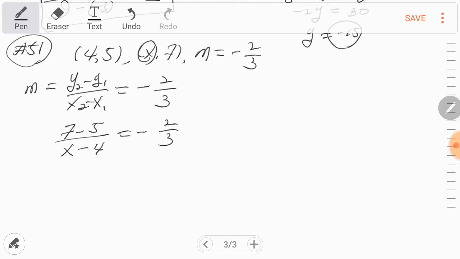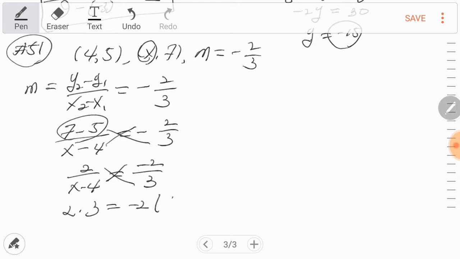Then let's find x. From this equation, we can use cross multiplication. Before we do, let's simplify this. 7 minus 5 is 2, so 2 over x minus 4 equals negative 2 over 3. Now let's cross multiply. Then 2 times 3 equals negative 2 times (x minus 4).